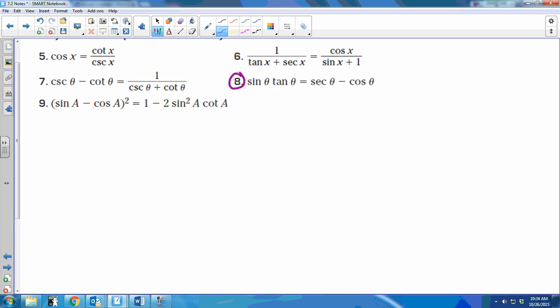So I have a sine over here. We know that tangent can be rewritten. I've got a cosine over here, so we know secant can be rewritten. I'm probably going to try to get everything in terms of sine and cosine because I already have a sine and cosine in the problem. So how can I rewrite secant? 1 over cosine.